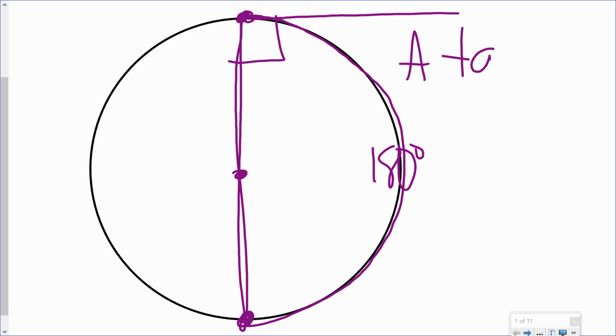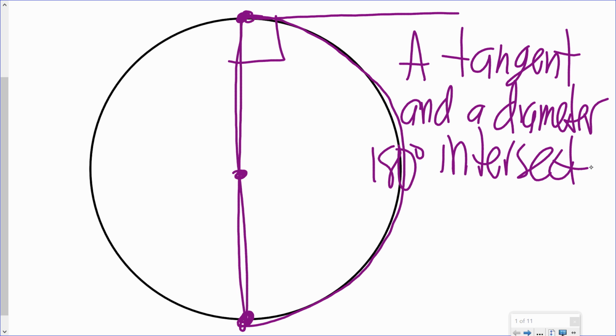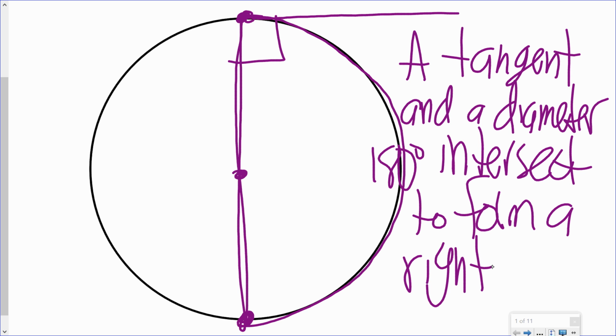So this rule is a tangent and a diameter intersect to form a right angle. So those are your three special rules, and they all deal with inscribed angles.